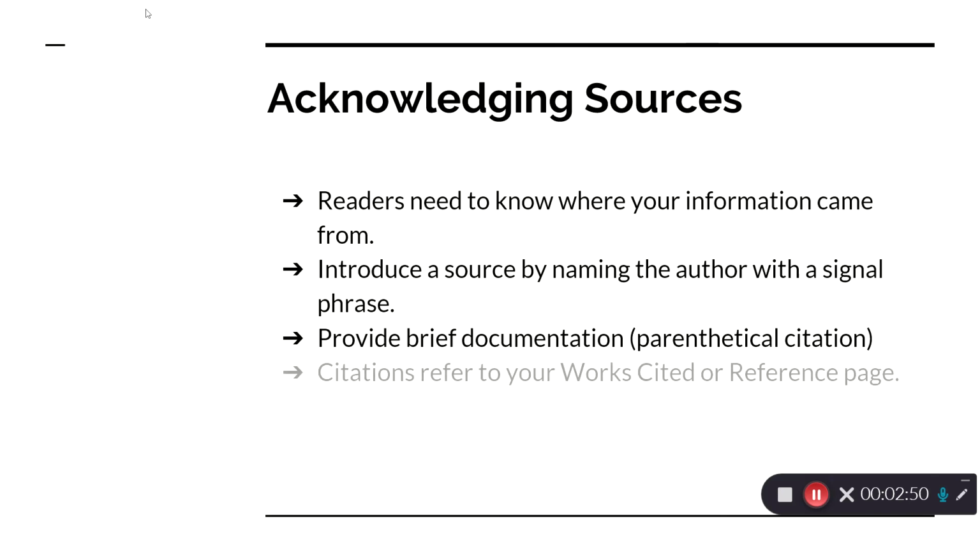Okay. Citations basically refer to your works cited, so your in-text slash parenthetical citation. So what happens is in my essay, I have my citation, right? My in-text citation or my parenthetical citation will have the author's last name, and it basically is going to refer to, if someone goes to your works cited page in MLA format or reference page in APA format, they're the same thing, just different names for different formats.